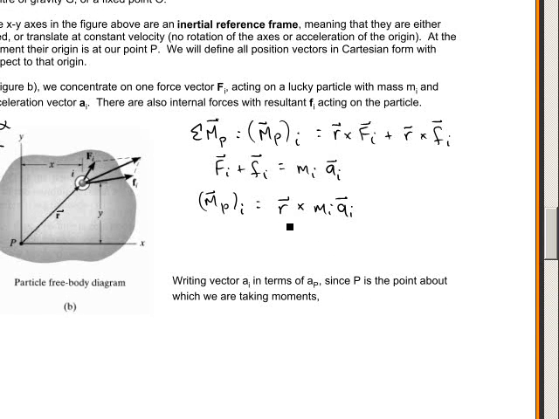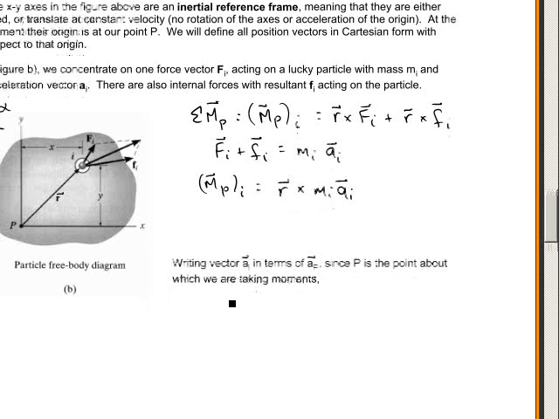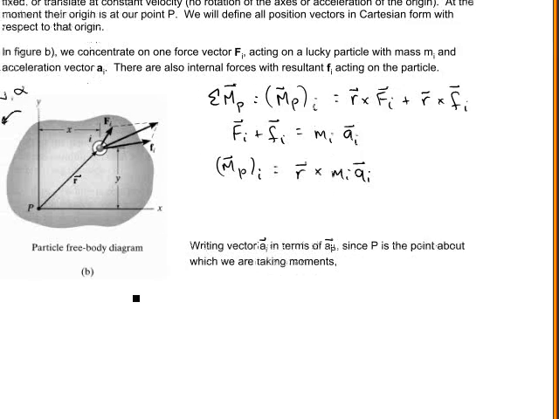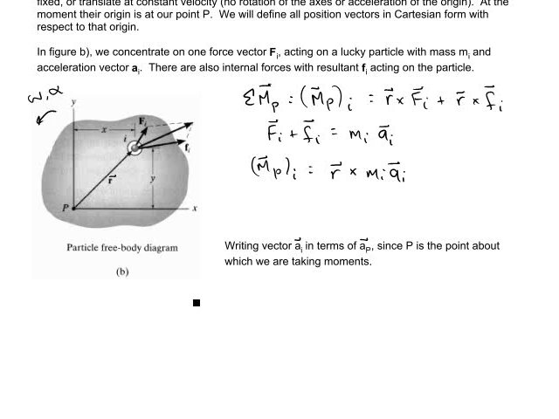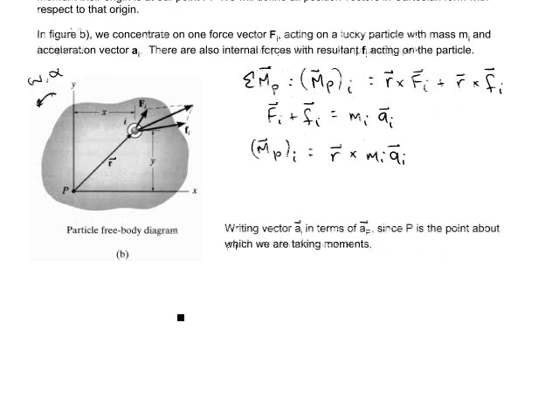Alright, so the sum of the moments is r cross mi ai. Now we can write vector ai in terms of vector aP, because i and P are two points on the same rigid body, and we'll express the vector ai in terms of aP because P is the point that we're interested in right now.